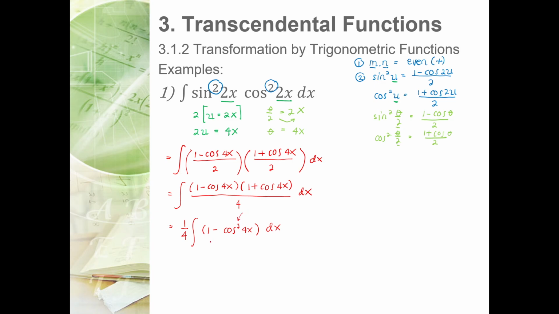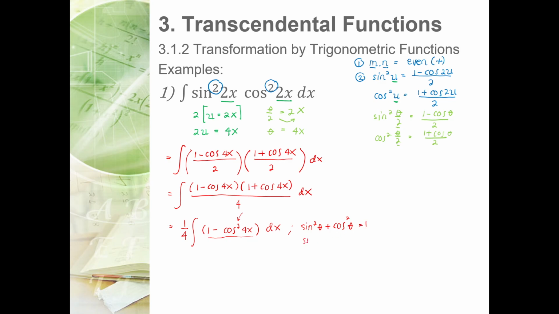And also take note, 1 minus cosine squared 4x can be replaced with the corresponding Pythagorean equation, which is the sine squared theta. If you write this on the right side, sine squared theta plus cosine squared theta is equal to 1.